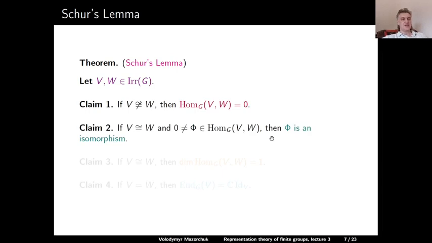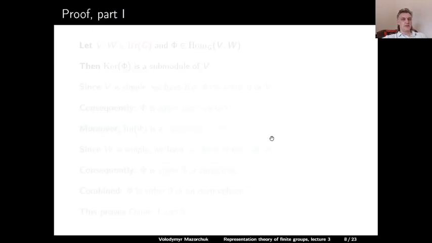If V is isomorphic to W, and phi is a non-zero G homomorphism from V to W, then phi is an isomorphism. Claim 3. If V is isomorphic to W, then the dimension of the space of all G homomorphisms from V to W is 1. And claim 4, if V is equal to W, then the space of G endomorphisms of V consists of the scalar multiples of the identity map. Let us now proceed with the proof.